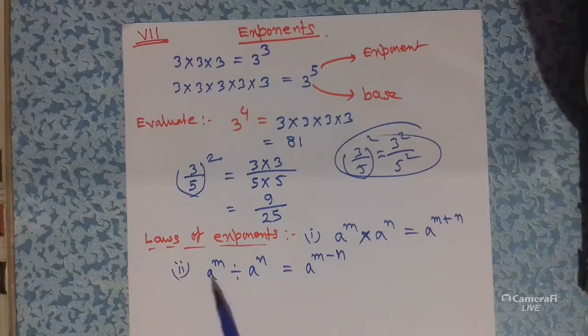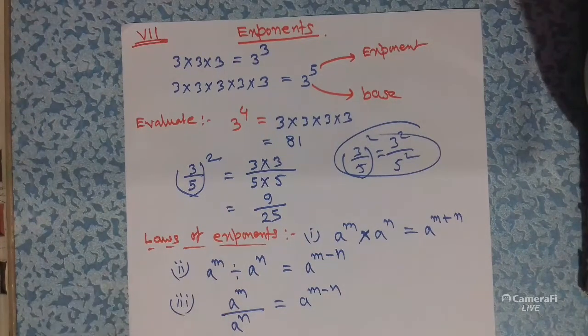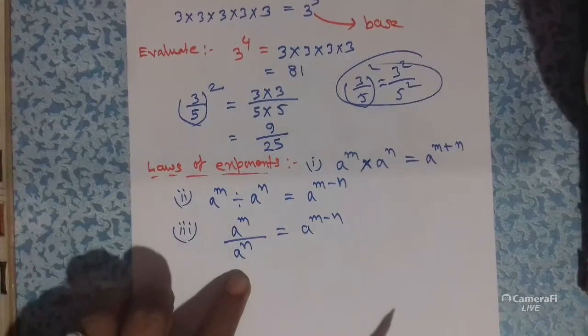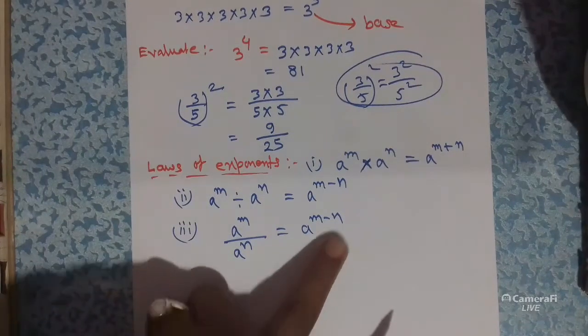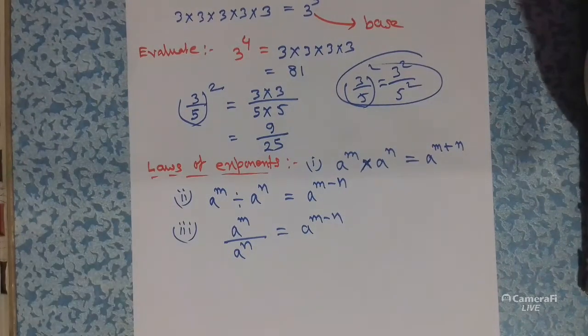So you can write a to the power m minus n. And if it is in the form a to the power m by a to the power n, in that case we can also write a to the power m minus n.